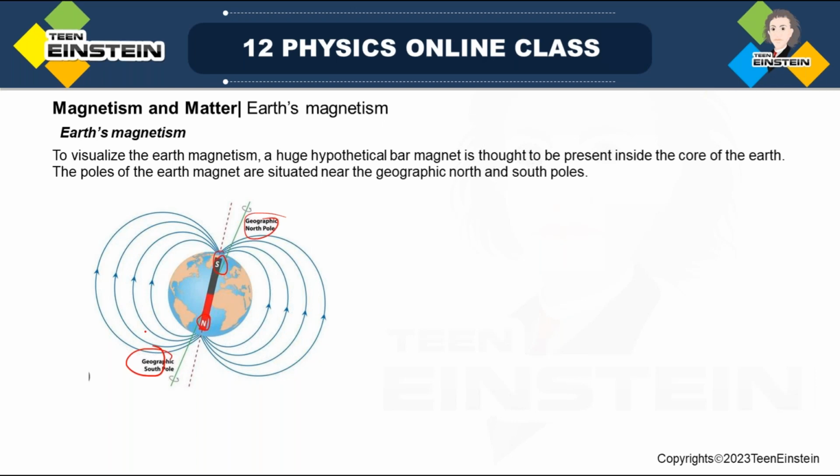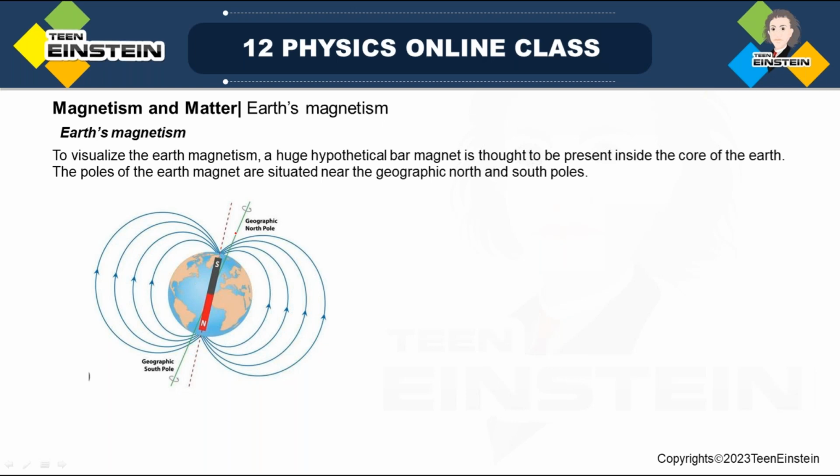Obviously, here we can see that the south pole of the bar magnet is near the geographic north pole, and the north pole is situated near the geographic south pole. This can be verified with the drawing of magnetic field lines.